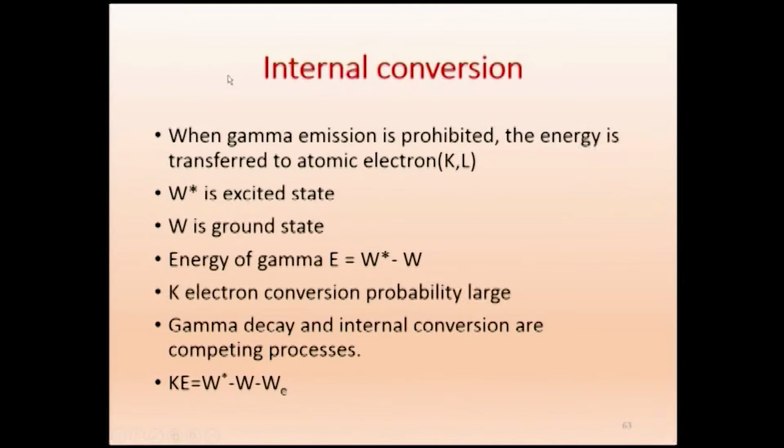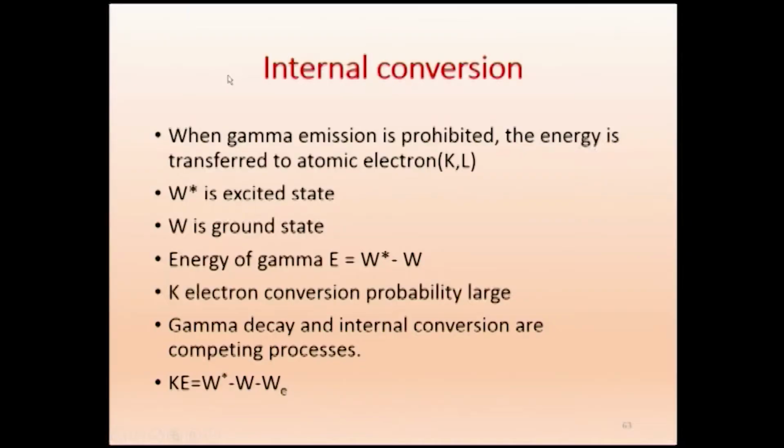Now we will go to the other concept in gamma decay, internal conversion. When gamma emission is prohibited, that energy is transferred to atomic electrons. We have an excited nucleus, which will de-excite by gamma emission and go to another level. But sometimes gamma emission will be prohibited; it has a highly excited energy and is not able to come out.